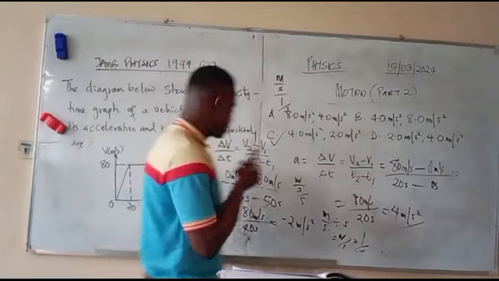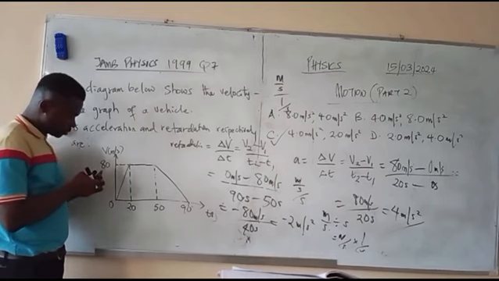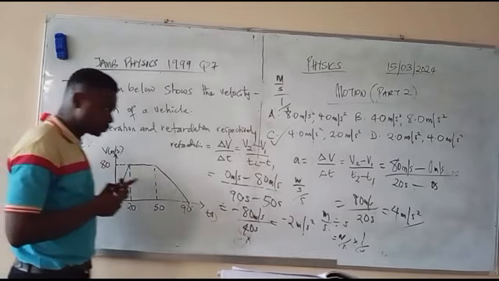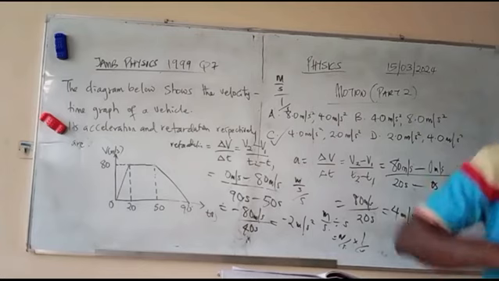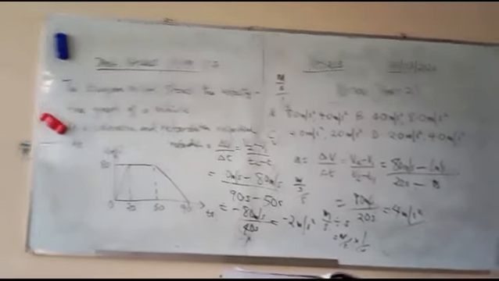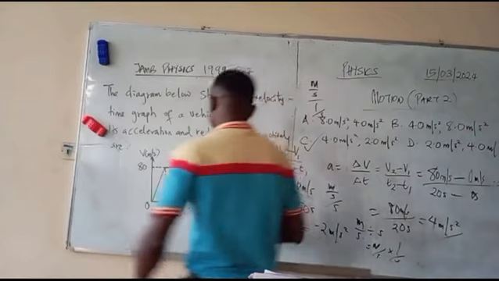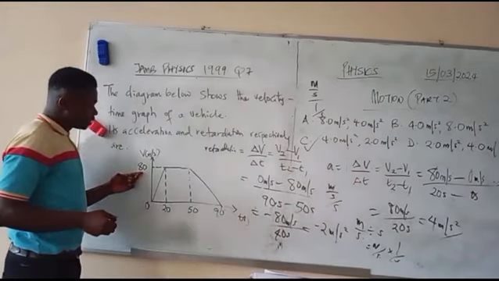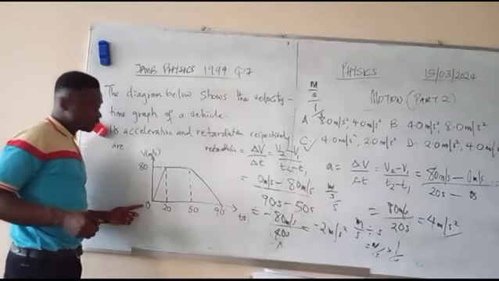And here, this one is straightforward. V2, for the acceleration, is 80 meters per second, because it's accelerating from 0 meters per second until it gets to 80 meters per second.